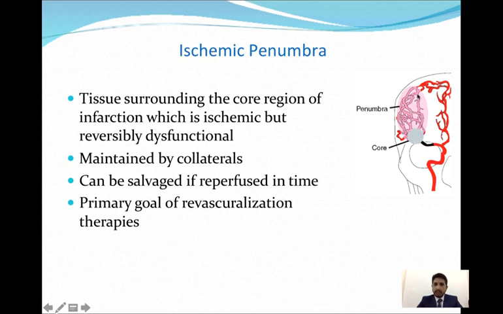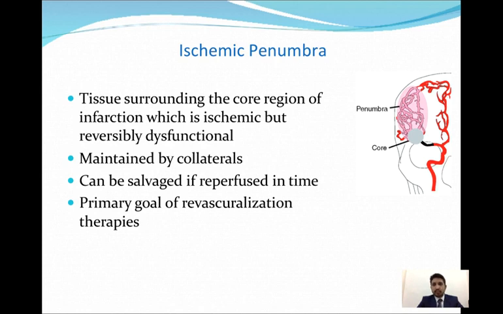The primary goal of the treatment is to save this penumbra, because the core is already dead and we cannot save it, but we can save the penumbra. So this is the objective of the treatment of stroke now. There was an era when a patient with stroke would come and we would do nothing and wait for nature to take its course, for the collaterals to develop, but now this has changed.